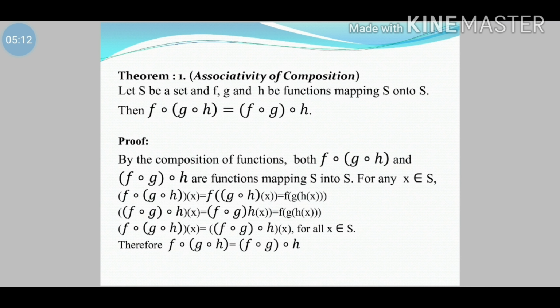For that, we consider ((f composition g) composition h) of x, which by the property of composition is equal to (f composition g) of h of x, which is equal to f of g of h of x. For the right side, (f composition (g composition h)) of x is equal to f of (g composition h) of x, which is equal to f of g of h of x. From these two lines, we can easily verify that (f composition g) composition h is equal to f composition (g composition h). That is, function composition is an associative property.